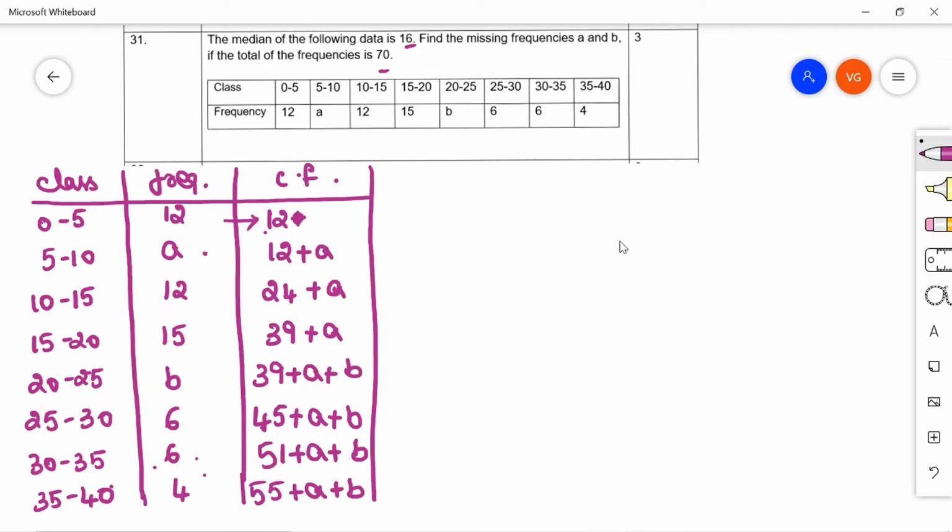So total frequency they have given it as 70. 55 plus A plus B is nothing but 70. So from here A plus B is nothing but 70 minus 55, 15.